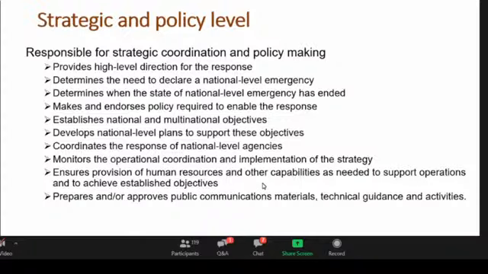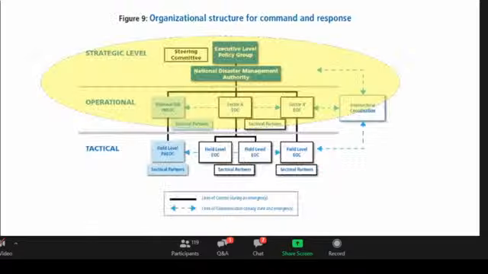So in the chart, we see at the top, we have the strategic level, then the operational level. But we also noticed that in some countries, the operational level and the strategic level are combined, especially when the resources are limited. But in most countries, the high level, the strategic level, stays with the National Disaster Management Office or a similar agency.